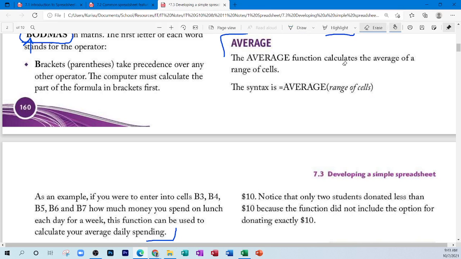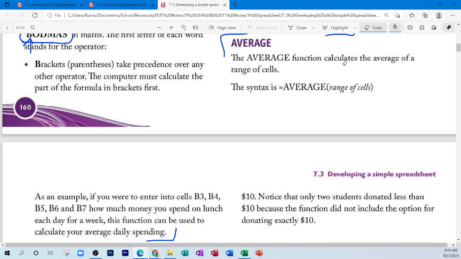Ray Mario? Roshana? Sir, could I read? Go ahead.